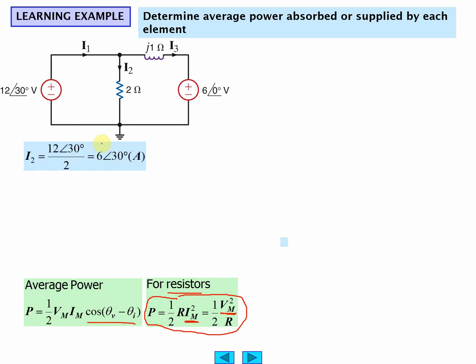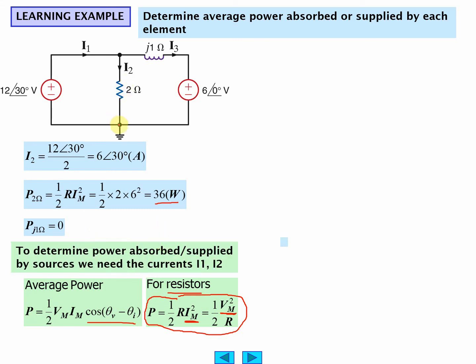Okay. So I'm going to zoom through this kind of quick. I2 is just the voltage divided by the resistance here. Power through the 2 ohm, just using 1/2 R I maximum squared, 36 watts. Power through the inductor, 0, because the current and the voltage are 90 degrees out of phase.